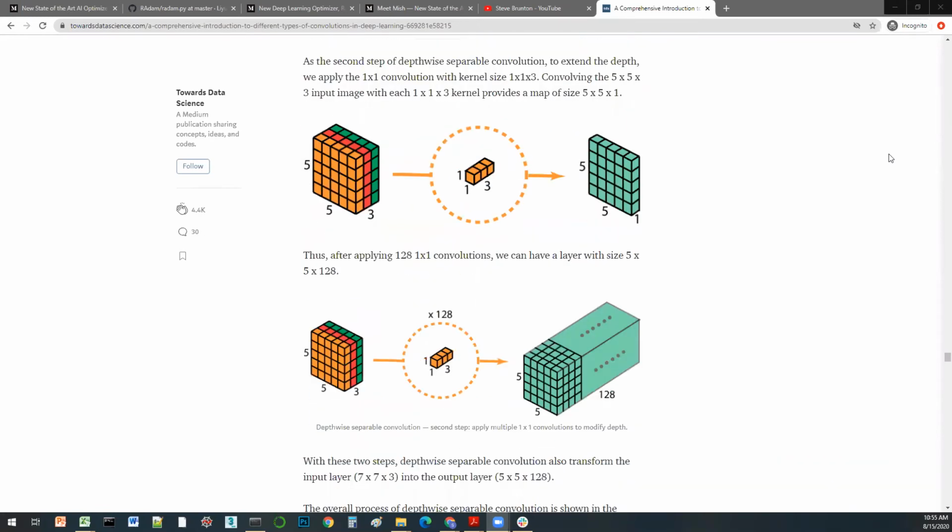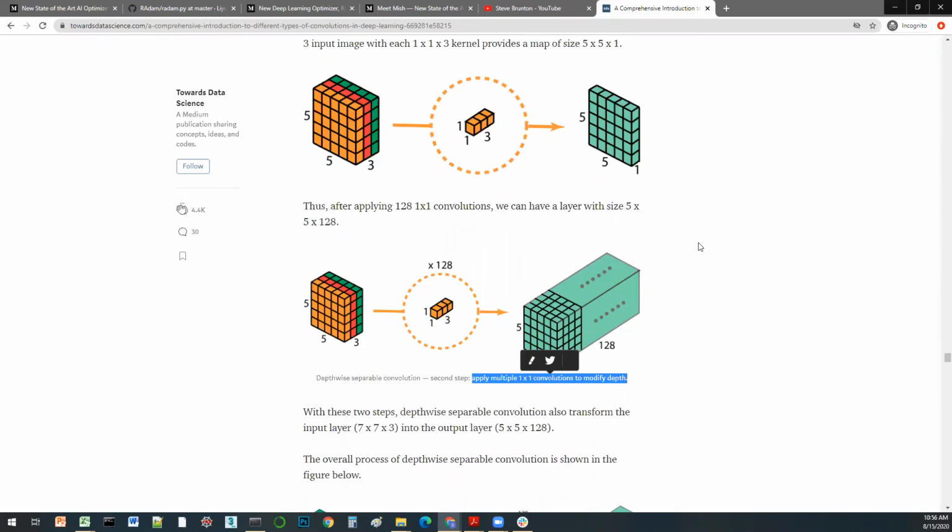They can go like a 1x1 by 128 features, and then apply multiple 1x1 to modify depth. They end up with a green block of the same dimension, but it's derived differently, because the 1x1 convolution is basically adding up a linear combination of those 3 filters.